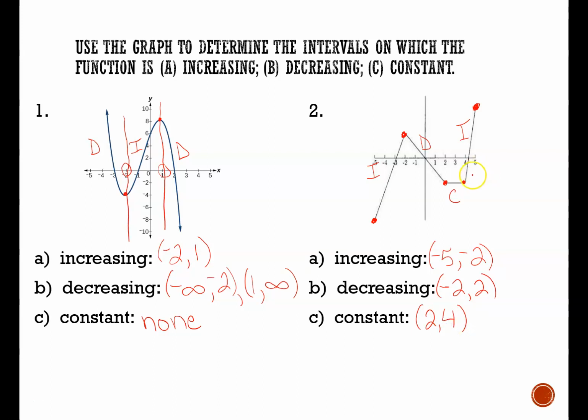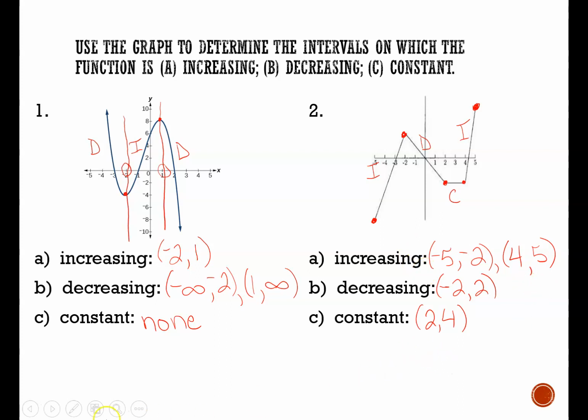And then we have one more interval. From 4, where we just left off, it is increasing. So we're going back up here. We're going to put another increasing. And it only goes 1 unit to the right. From this point to this point, only goes from 4 to 5 on the x-axis. 4 to 5, just from here to here. And we have 1, 2, 3, 4 intervals in our answer.